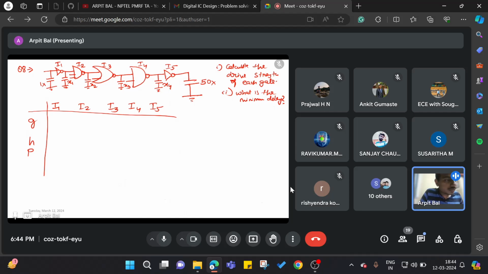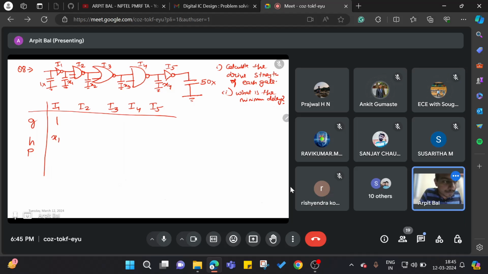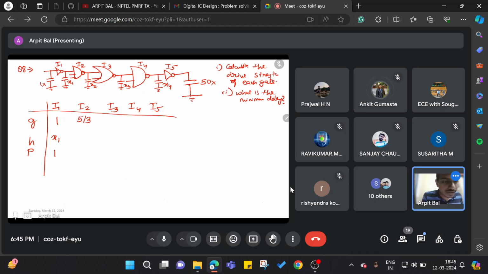So for I1, what is going to be the G? One. And what is H? X1. And what is P? 1. Correct. Similarly for I2, G is 5/3. For I2, what is the H?